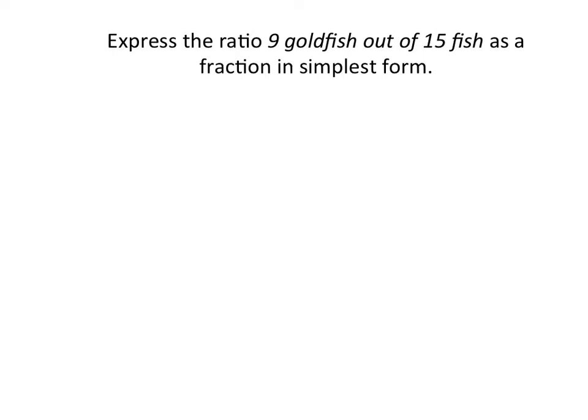On this slide, we have expressed the ratio 9 goldfish out of 15 fish as a fraction in simplest form. You can see that I wrote it as 9 over 15. The second part is to write in simplest form, so we're going to go back to a previous lesson and think of the GCF of 9 and 15. The GCF is 3.